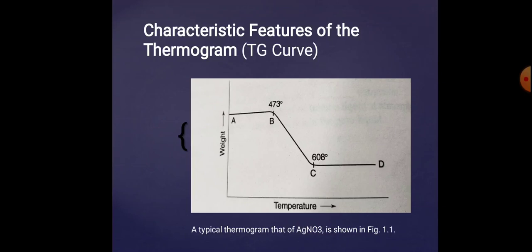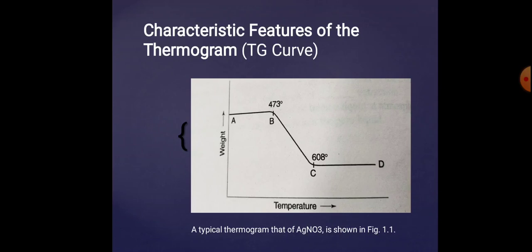But when we increase the temperature above 473 degrees Celsius, reaching point B and moving toward point C at 608 degrees Celsius, something happens due to which weight loss takes place. With the increase in temperature, the weight decreases.